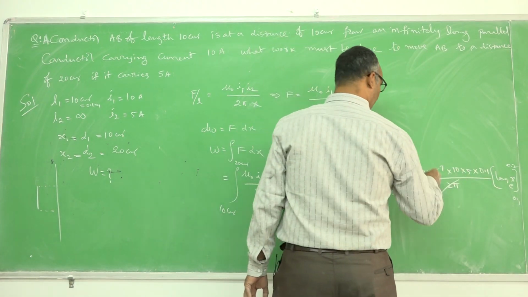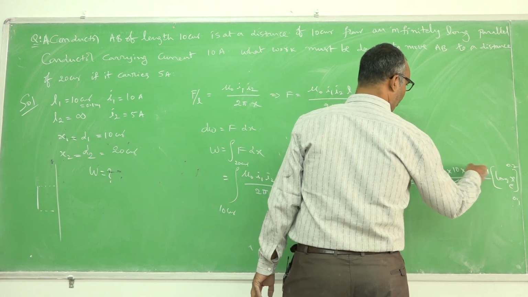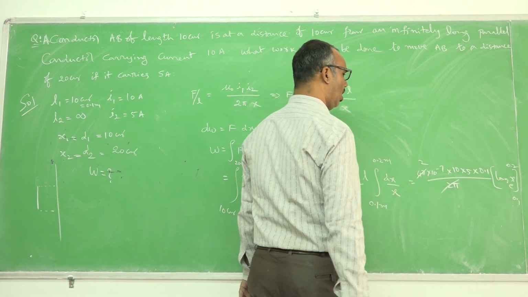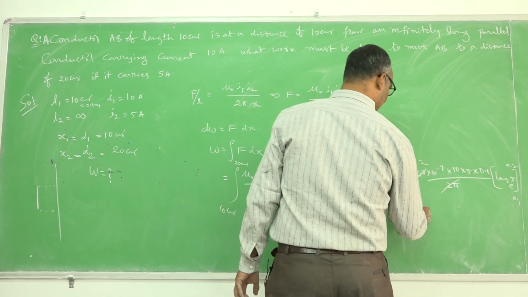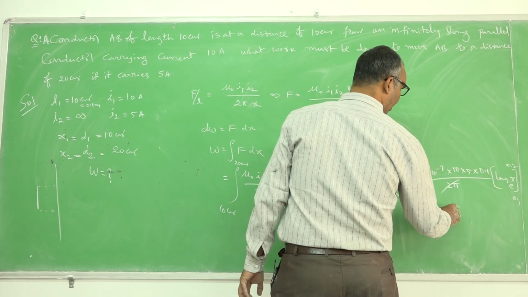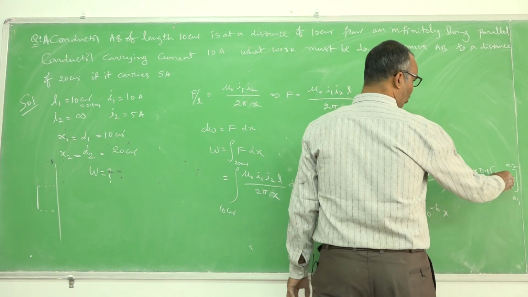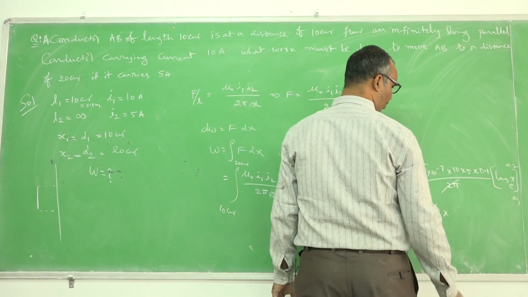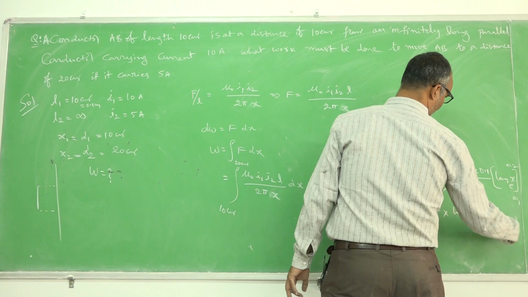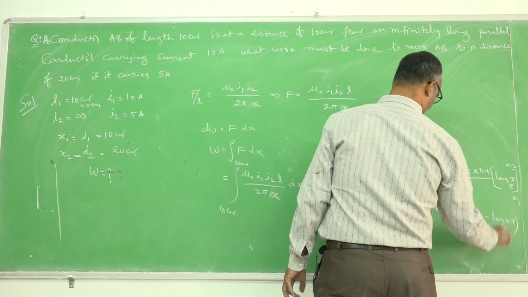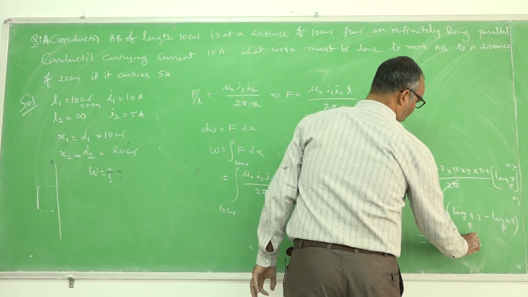This will go for 2 times. So 0.1 into 10 is 1. 2 5s are 10. It becomes 10 power minus 6 into log 0.2 minus log 0.1, to the base e. That is 10 power minus 6 into log 2 to the base e.